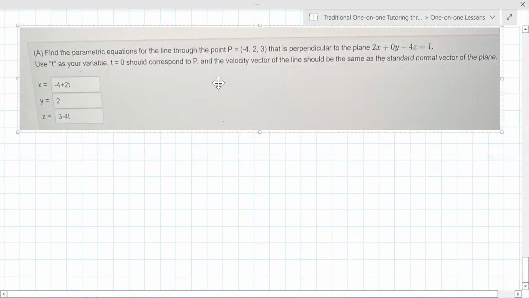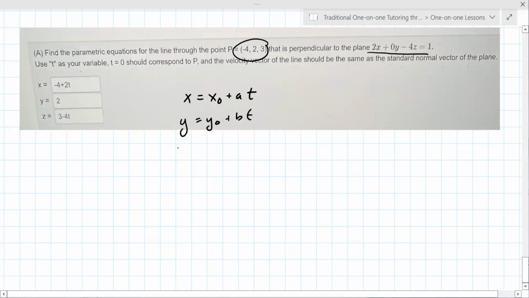Okay, find the parametric equation for the line through this point that is perpendicular to the plane 2, 0, minus 4t. So again, the parametric form: x equals x naught plus at, y equals y naught plus bt, z equals z naught plus ct. A, B, and C are from your normal vector.